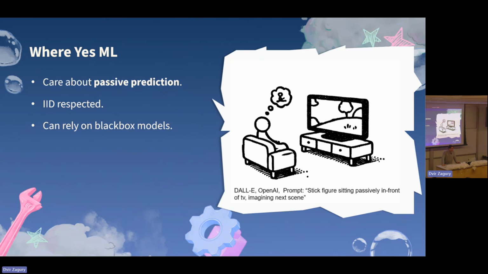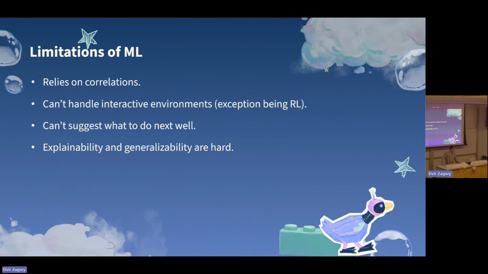A lot of the time machine learning algorithms have this problem where they're hard to explain. Explainability can be hard, and if you can rely on that, great. And if you're only doing passive prediction, amazing. That's when machine learning works absolutely amazing, but there are some limitations. It does rely on correlations, as I just said, and it can't handle more interactive environments.